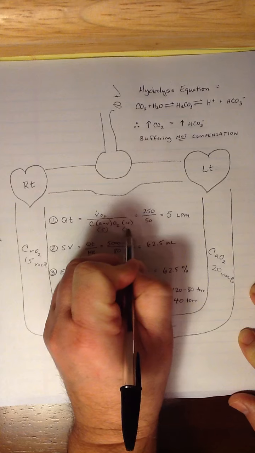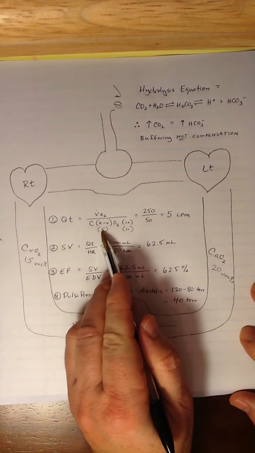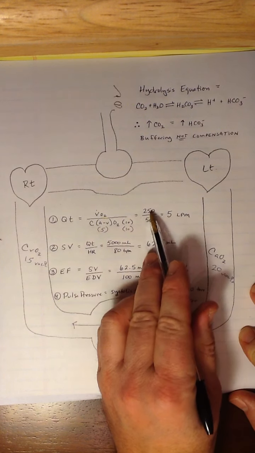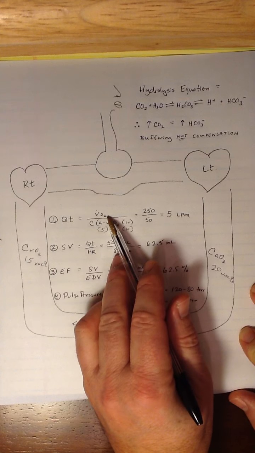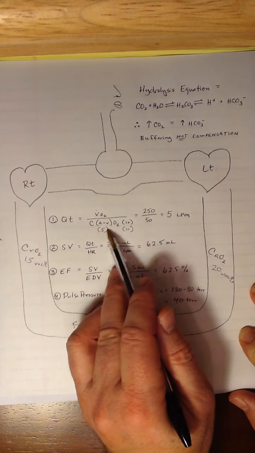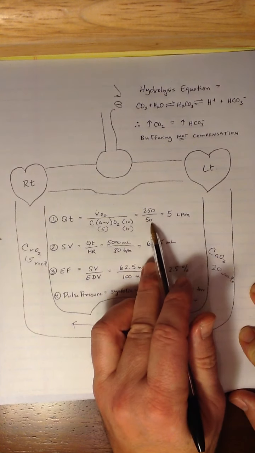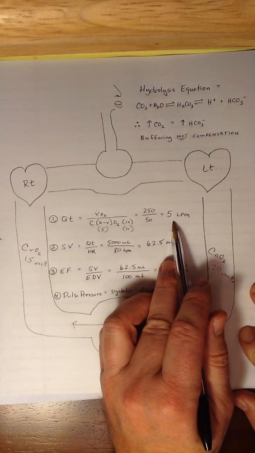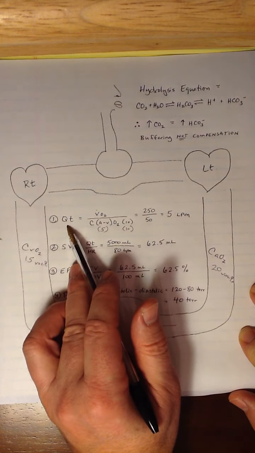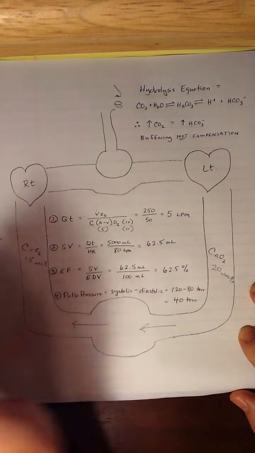And then we're going to multiply that by 10, which is a constant. 5 times 10 is 50. So 250 oxygen consumption divided by the CaVO2 content of 5 times a constant of 10. 250 divided by 50 equals 5 liters per minute. 5 liters per minute is what we're looking for, cardiac output. So that's a pretty neat equation.